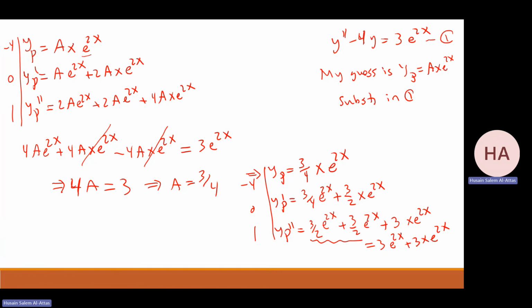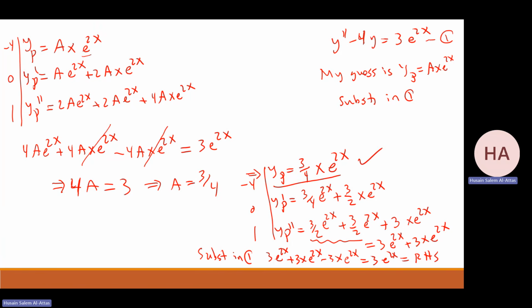Substitute in 1. I have 3 e to x plus 3x e to x minus 3x e to x. That gives me 3 e to x, which is the right hand side. So my answer is correct, my yp is correct.